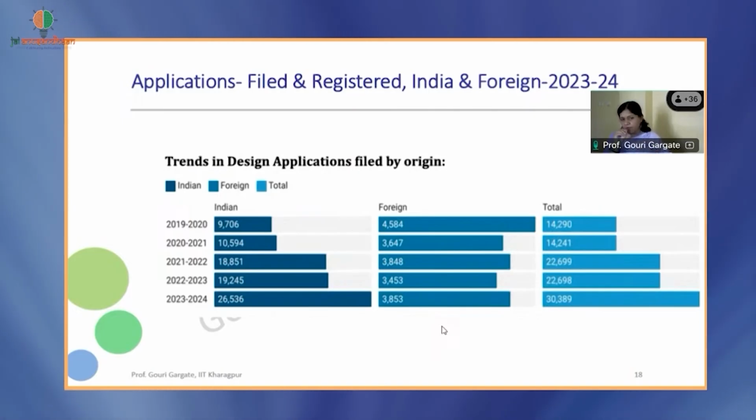If I focus on 2023-24 data, Indian residents have registered 26,000 plus industrial designs, and there are 3,000 plus registrations by foreign applicants.